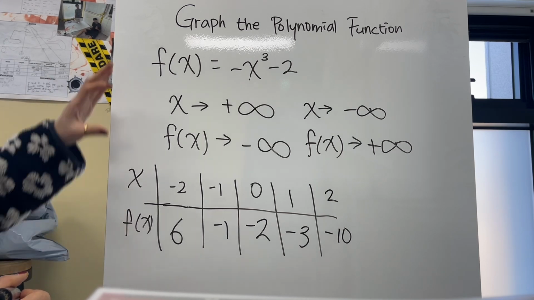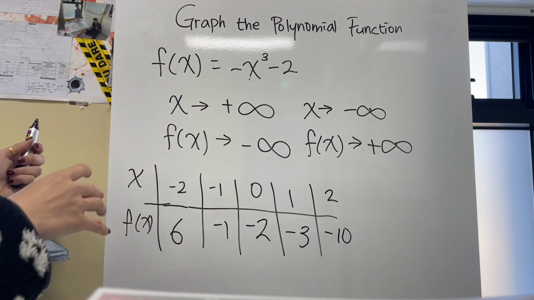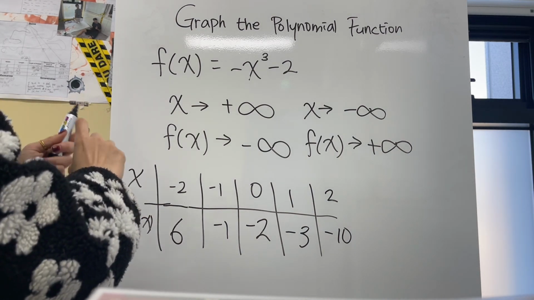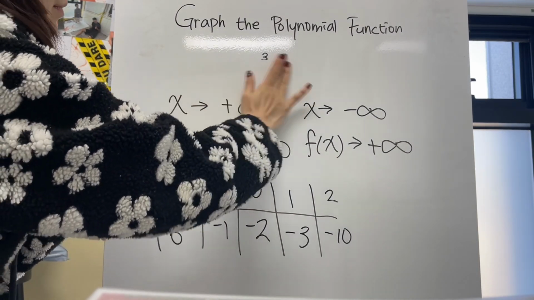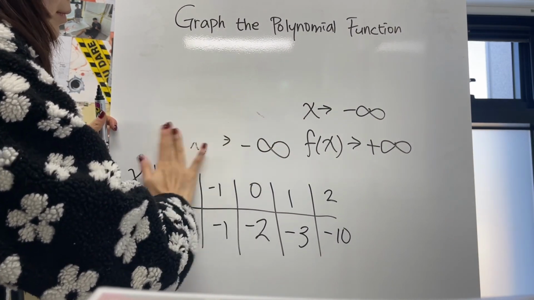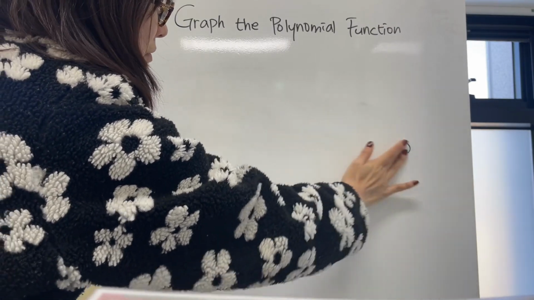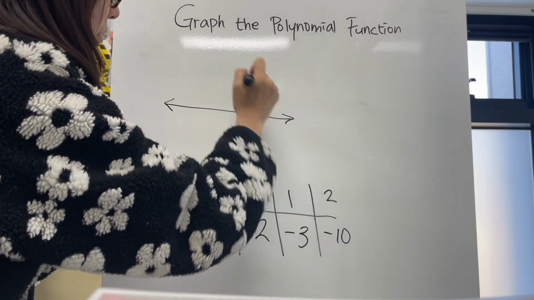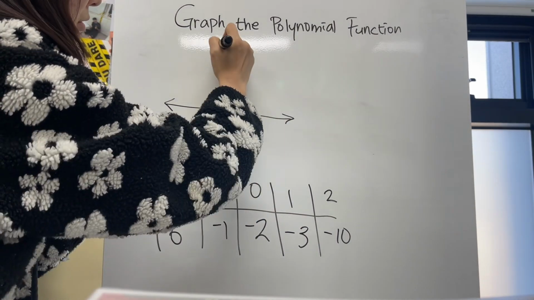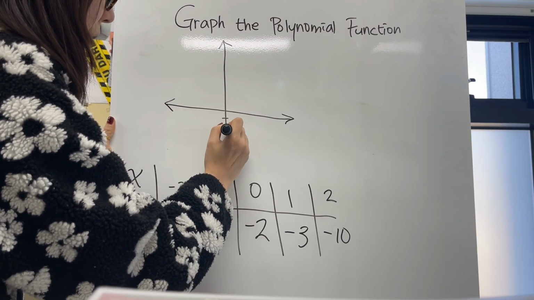Now we're going to use all of this information to graph this cubic function. So let's see. When x is 0, y is -2.